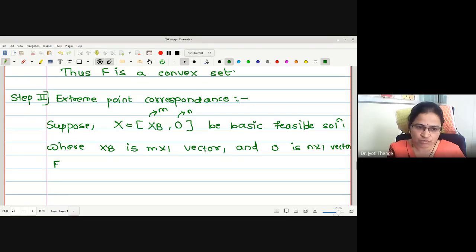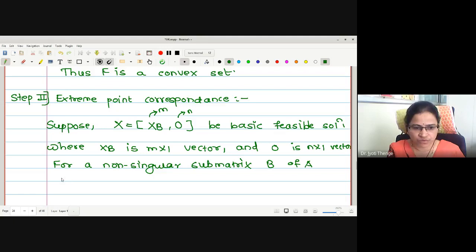Next, for a non-singular submatrix B of A, we have BXB equals b.